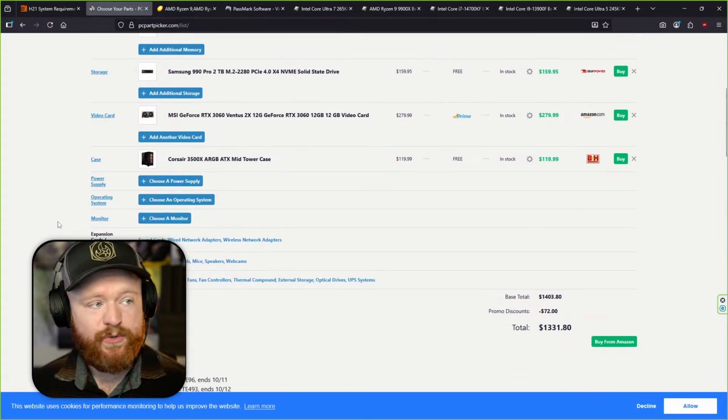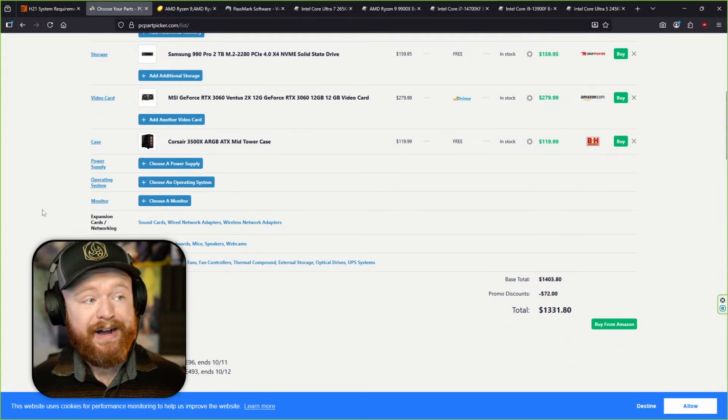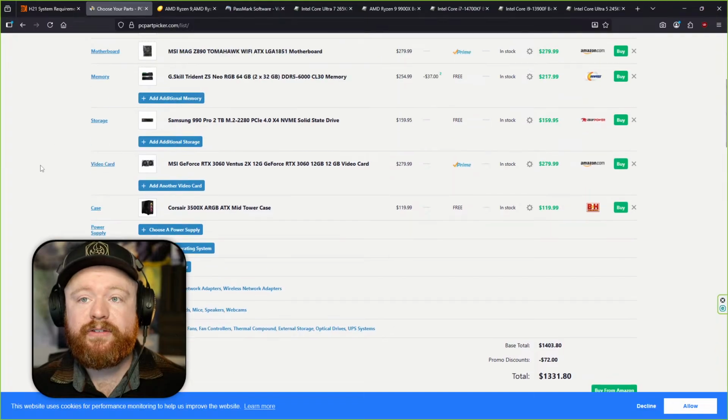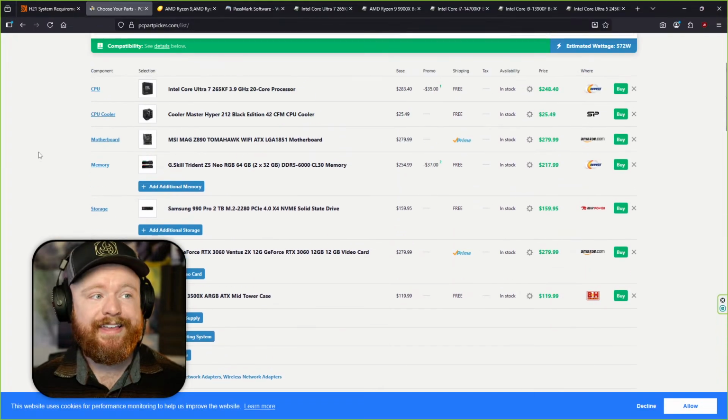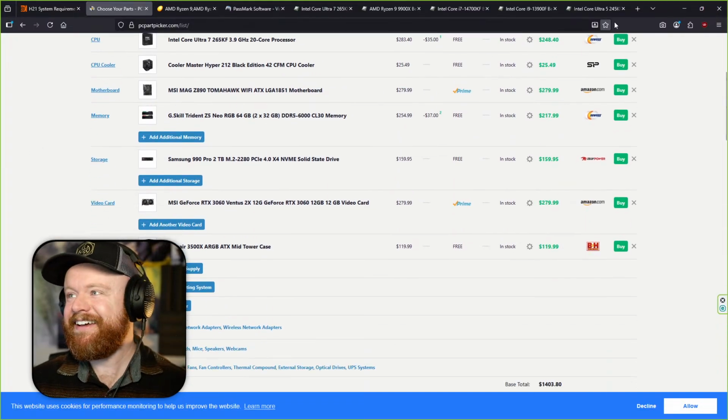And then it brings us to the power supply. My favorite way of figuring out power supply requirements is just to ask ChatGPT, quite frankly.